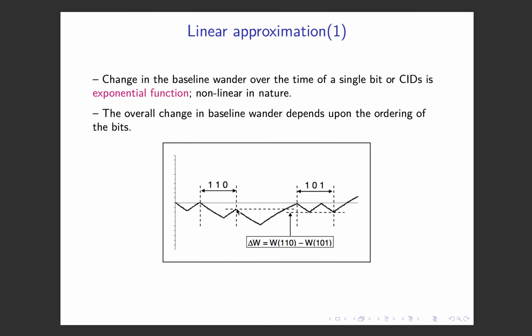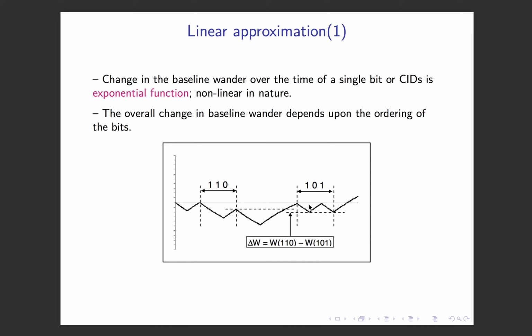The maximum amount reached is different in the two cases. So for each permutation we get different wandering. That means the ordering of the bits is also important. That's why I have written that the overall change in the baseline depends upon the ordering of the bits. As we change the permutation of these bits, the wandering level will change.